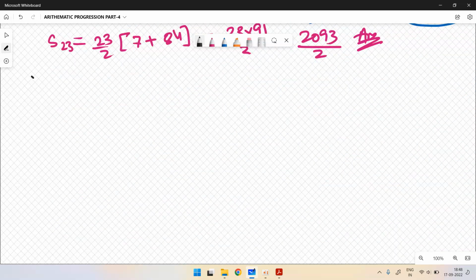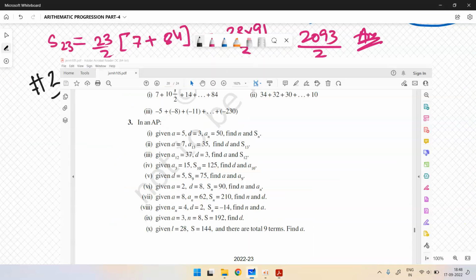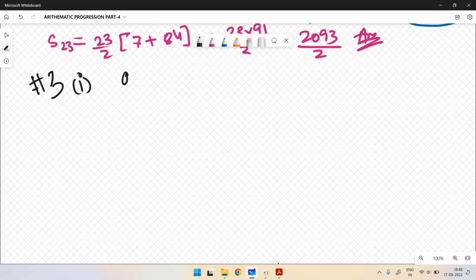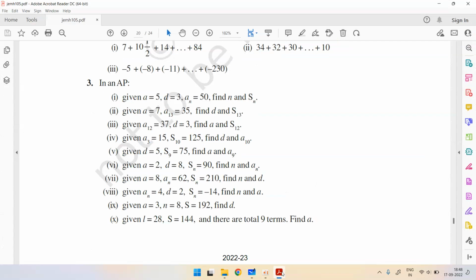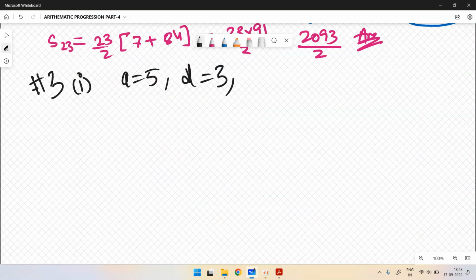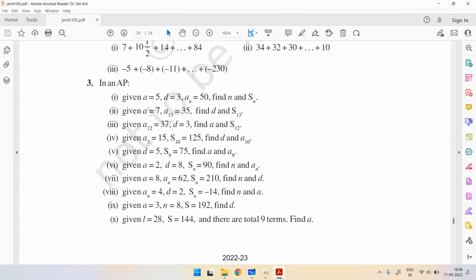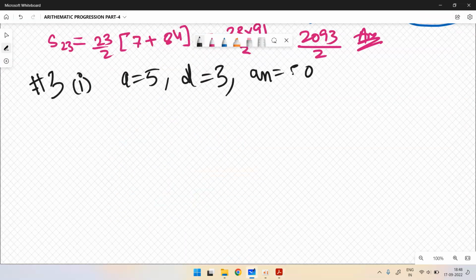So in third, a is 5, d is 3, an is 50, find n and Sn. n equal to what? Sn equal to what?